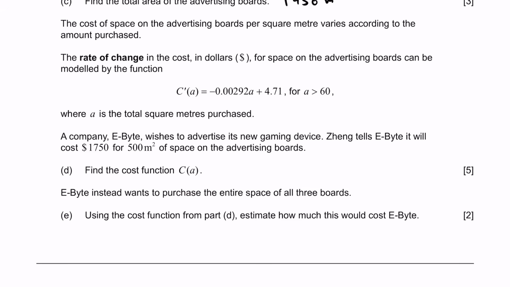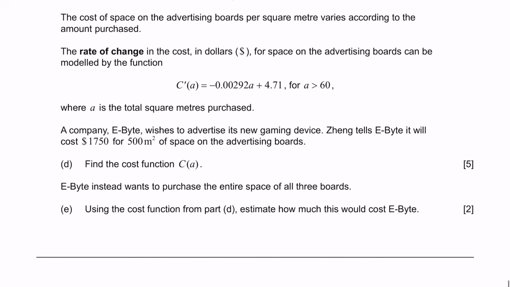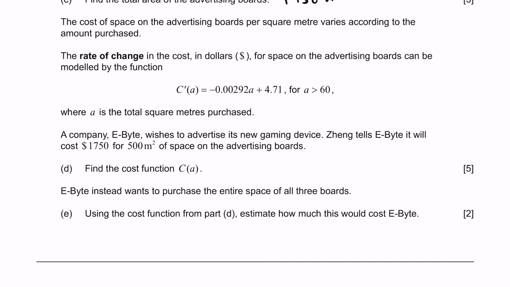So I'm going to copy down this function here, make some space, and then work this out a little further down. So C' of A equals 0.00292A plus 4.71.